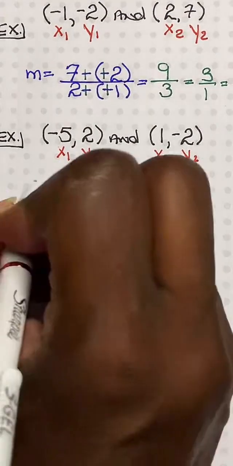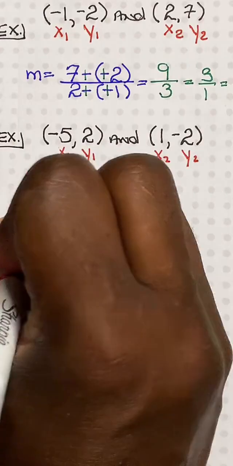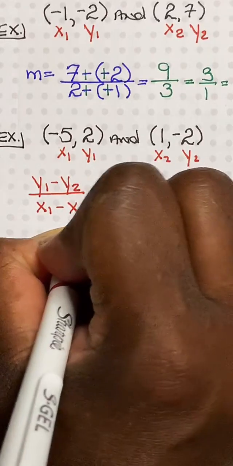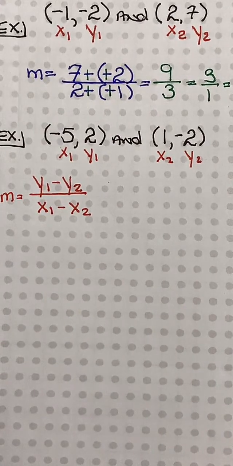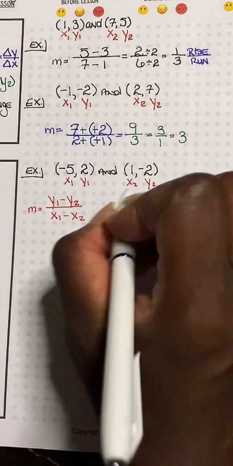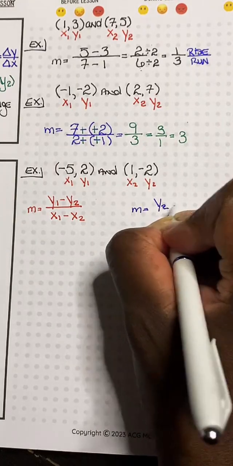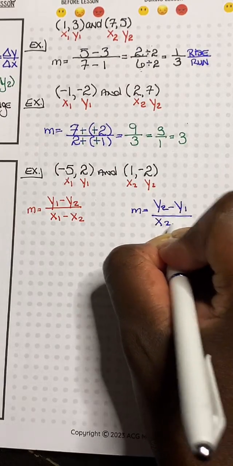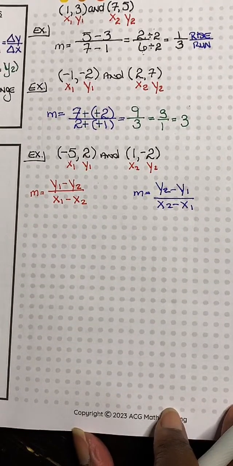This time I want to see what y1 minus y2 over x sub 1 minus x sub 2 gives me, and I want to see if that's going to give me the same answer if I said y sub 2 minus y sub 1 over x sub 2 minus x sub 1. We'll see if we can get the same thing.